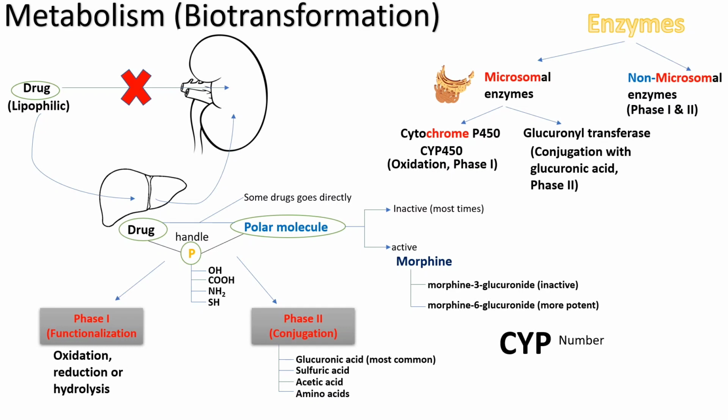Alright? Before we move on to the next point in metabolism, we have to discuss the nomenclature of cytochrome P450 enzymes. Each individual enzyme in this family has a different name. How are they named? For example, we would find an enzyme called cytochrome P3A4, or CYP3A4.